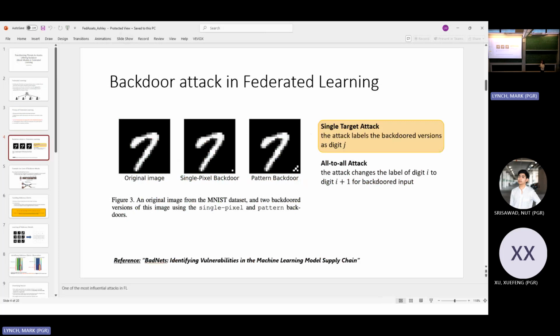We call these the triggered instances. The attackers, who are in the network as clients, will train the local model such that when they see these instances with a trigger, they will misclassify them into a label that they decide. But the model will still work perfectly on a data instance that is clean, when there is no trigger.